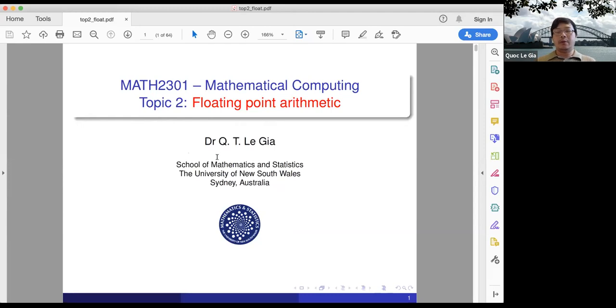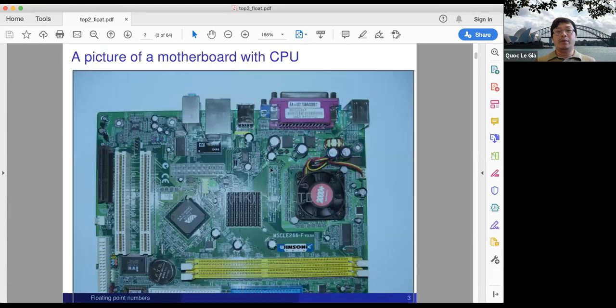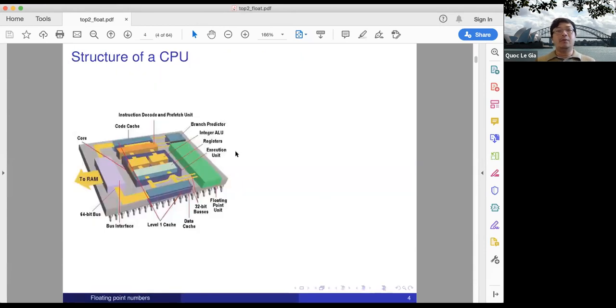Okay, so what is floating point numbers? If you open the computer, you will see a motherboard like this. Under this fan is the CPU, and under the CPU we have the structure inside the CPU like this.